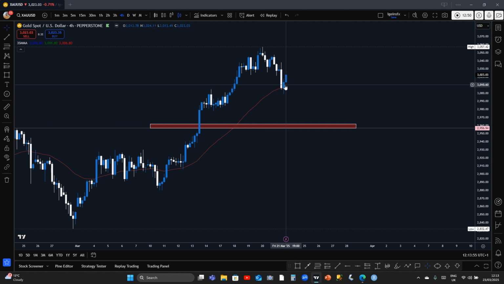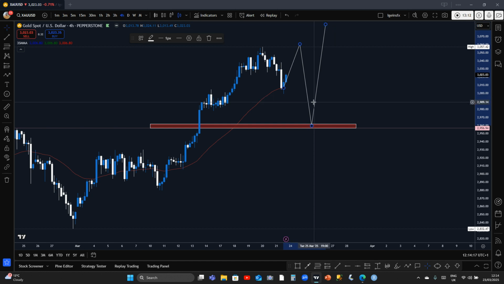Even if you see a push to the upside like this from here, as it has given us a buy, let's just wait and see price come back to retest this level. Once price retests this level, then we can place a buy to push to the upside.